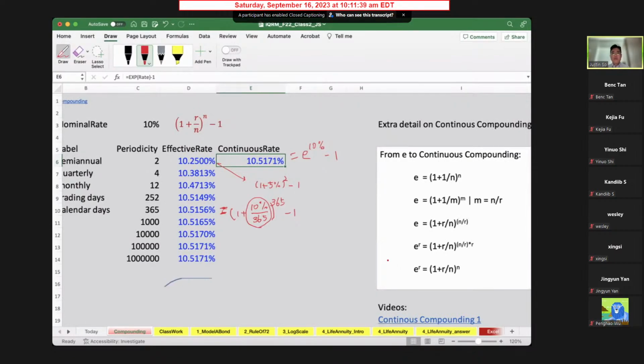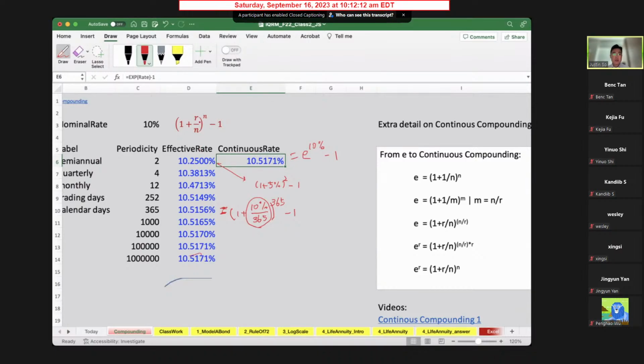The E, as I said at the beginning, is Euler's number, which we use in mathematics. If you look at this compounding formula, 1 plus nominal rate divided by number of frequency, this frequency goes to infinity right now because it's continuous.